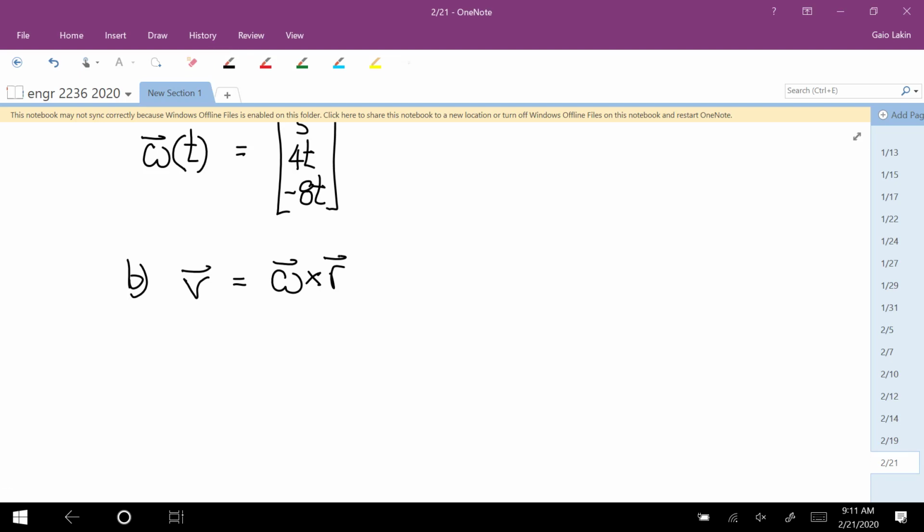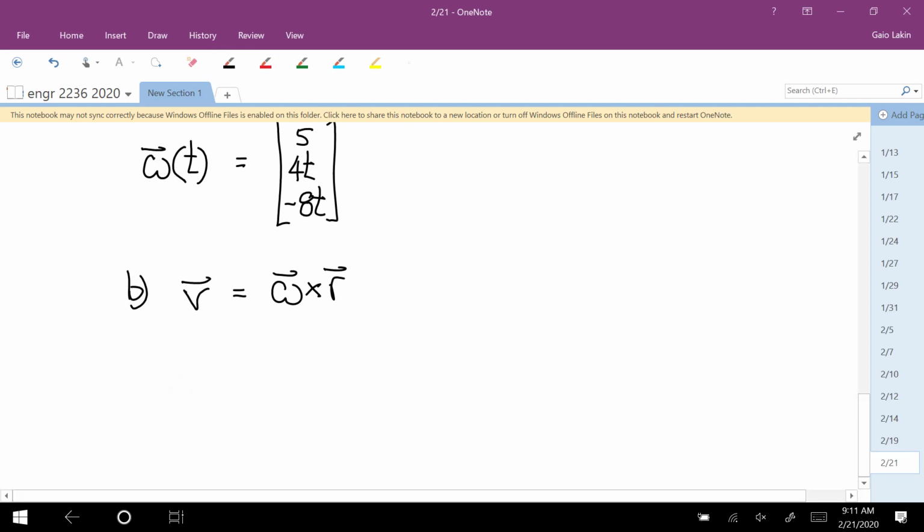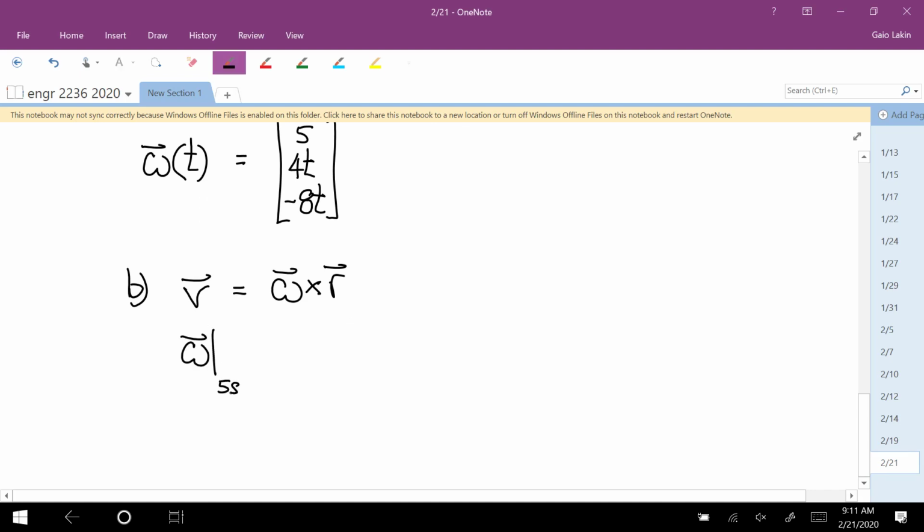We can calculate omega by plugging 5 seconds into our function for angular velocity. So omega at 5 seconds is 5, then 4 times 5, and then negative 8 times 5.